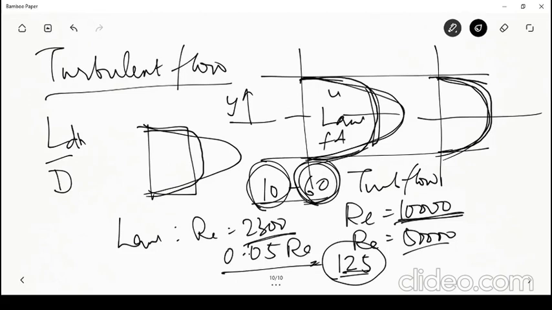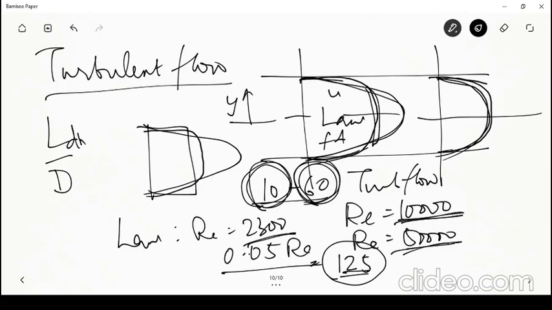This is the upper limit of laminar flow. This is the lower limit of fully turbulent flow, let us say. Fully turbulent flow typically happens after about 5,000, 6,000. So in the lower end, around 10,000 or so, the length required for development is about 60 times the diameter. And when we reach about 50,000, that is a very highly turbulent flow, then this length shortens to about 10 diameters. So this is very short.